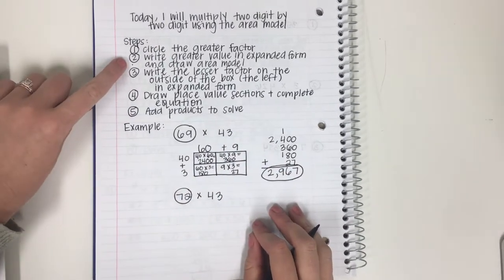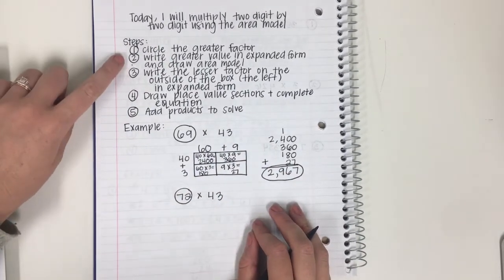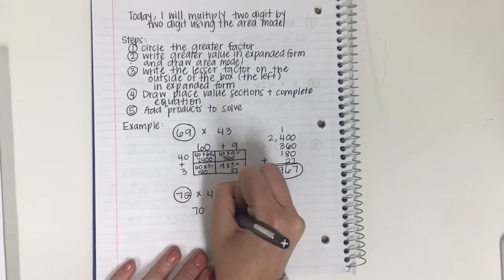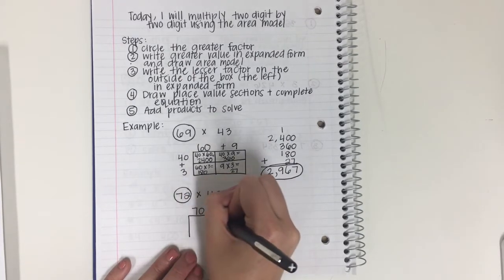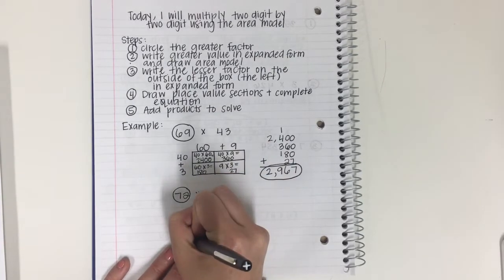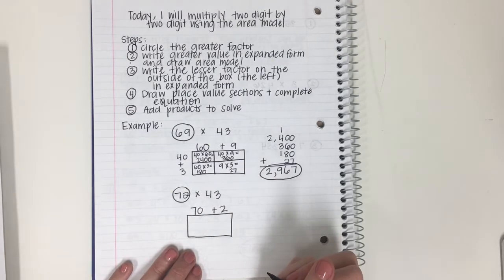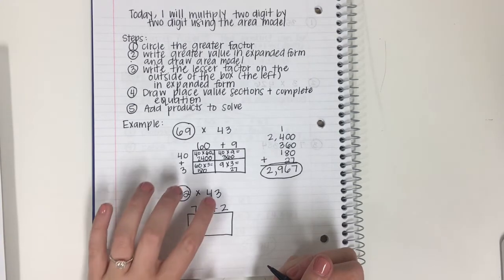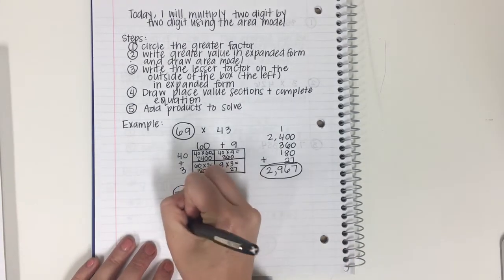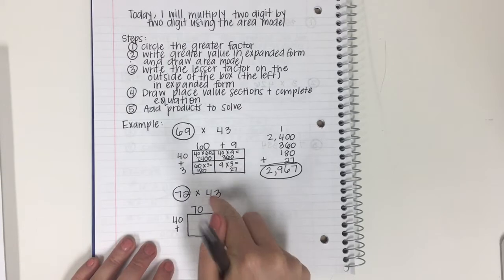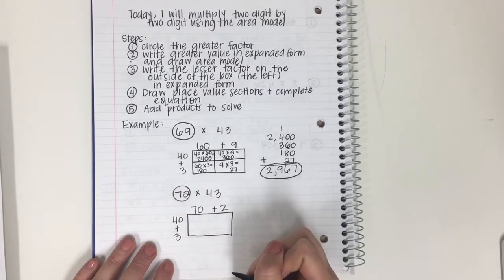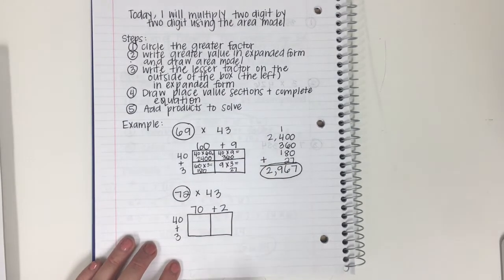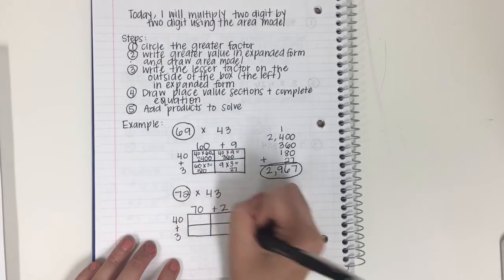Step 2, write the greater value in expanded form and draw the area model. So I'm going to write 70 plus 2 and draw my area model. Next, I need to take my lesser value, put it on the left, and expand it as well. So I have 43, I have a 4 in the tens place, so that's going to be 40 plus 3. Next step is to draw out my sections and complete my equations. I have a section here, and I also have a section here.